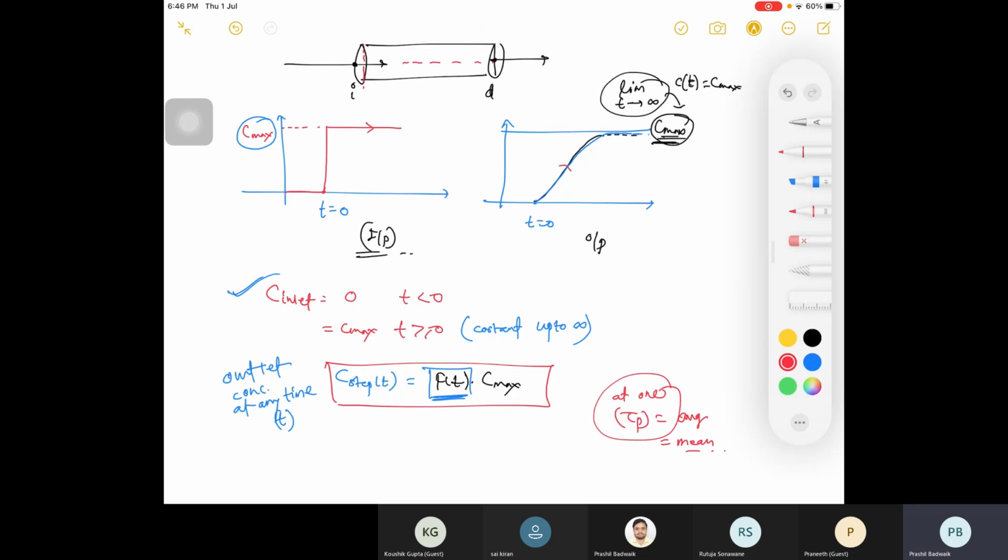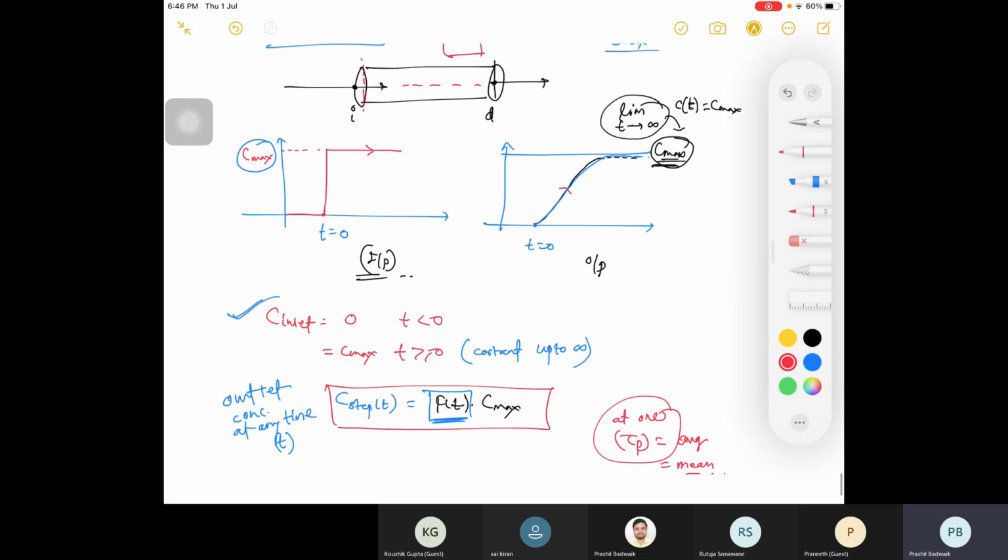So whenever I put it in a PFR and it is not ideal, I need to find out what the non-idealities are. Suppose for this reaction you got tau p as 5 minutes. So at 5 minutes, this curve will reach 63.2% of your maximum value.